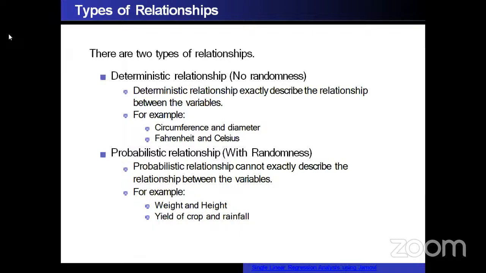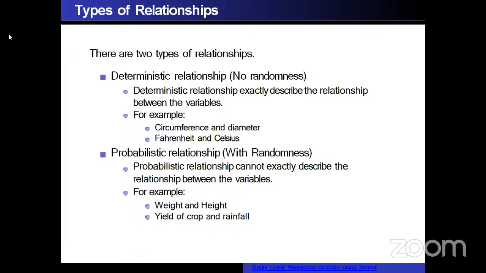A deterministic relationship exactly describes the relationship between the variables, for example circumference and diameter, or Fahrenheit and Celsius, which are the same values with different measurement names. A probabilistic relationship cannot exactly describe the relation between the variables.